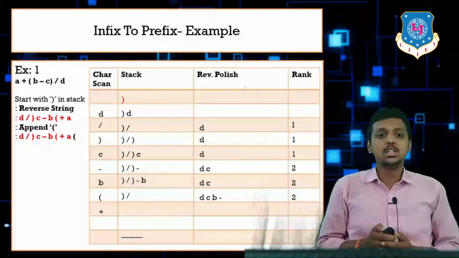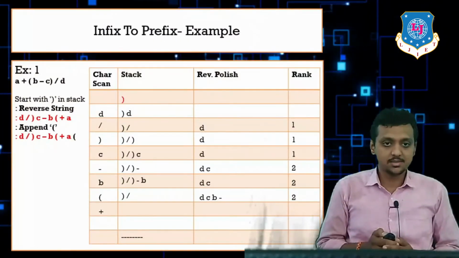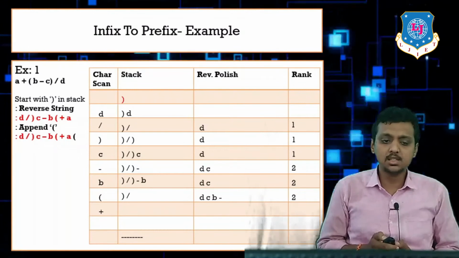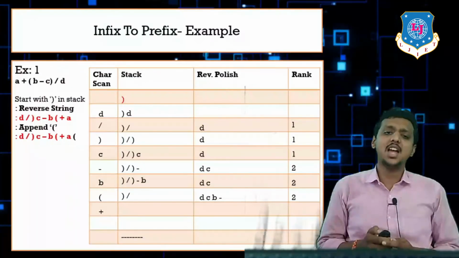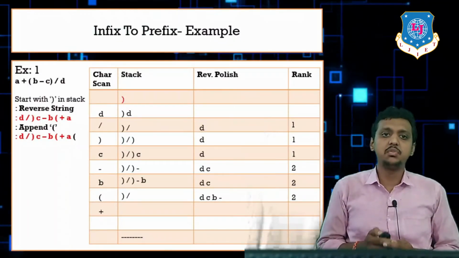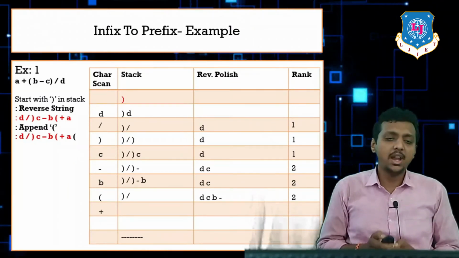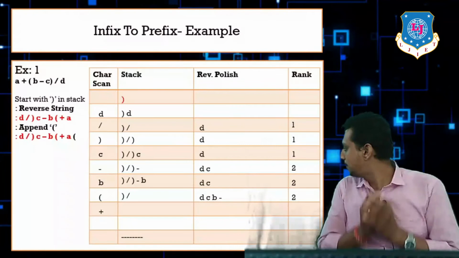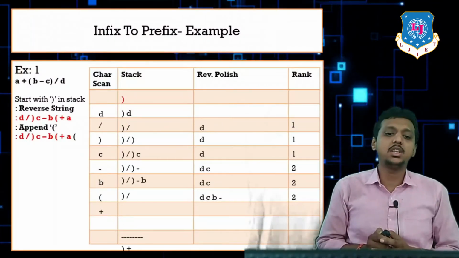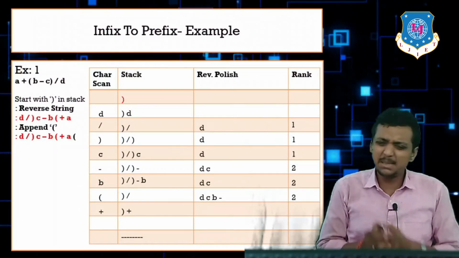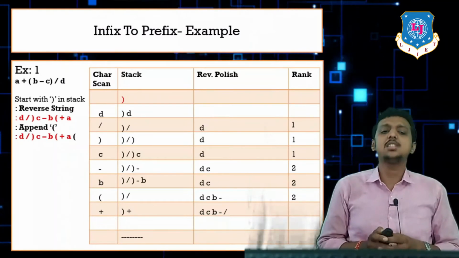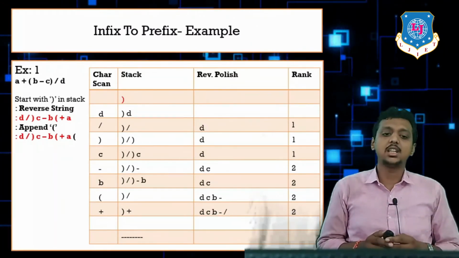Next we have plus with us. So what to do with the plus? Okay. So division has the higher precedence than the plus. So division will pop out, and plus will be pushed inside the stack. So the final answer is closing and plus, and division is appended with DCB minus. So it goes like this: DCB minus division, rank is 2.